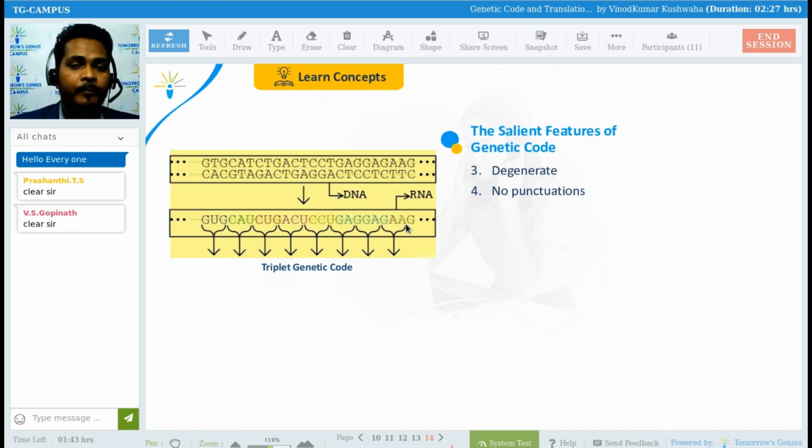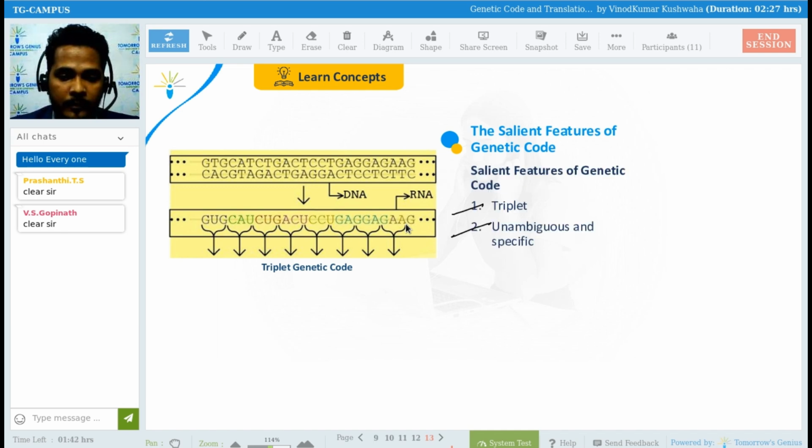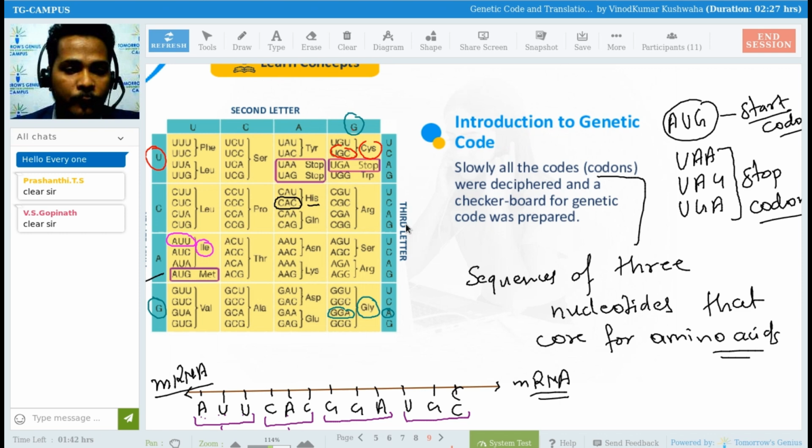So in this checkerboard, you can see that except tryptophan and methionine. Yes, here, this is methionine over here. Yes or no? And here you can see the tryptophan. Yes or no? So except tryptophan and methionine, all other amino acids are coded by more than one codon.